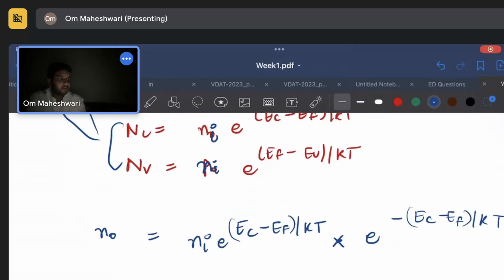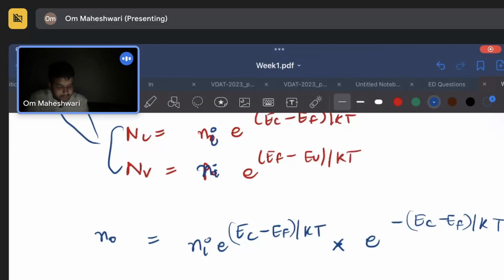If I try to solve it, these will cancel, and n0 equals ni simply.